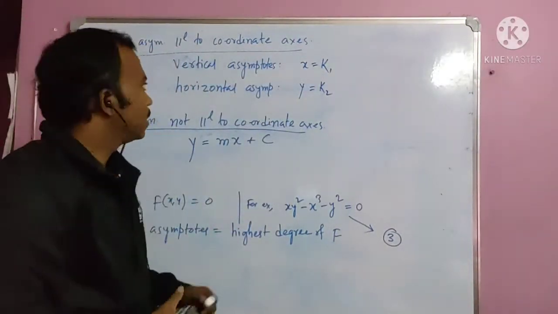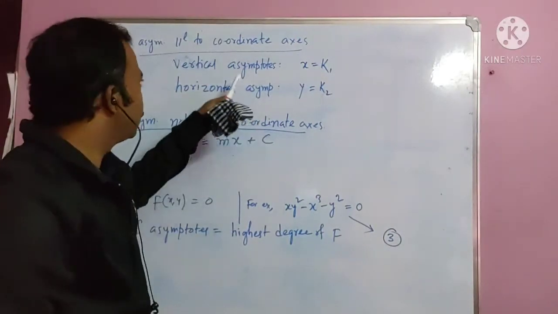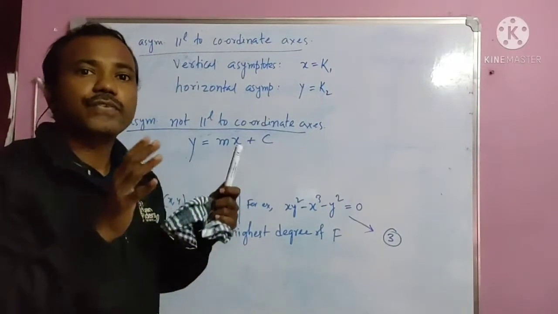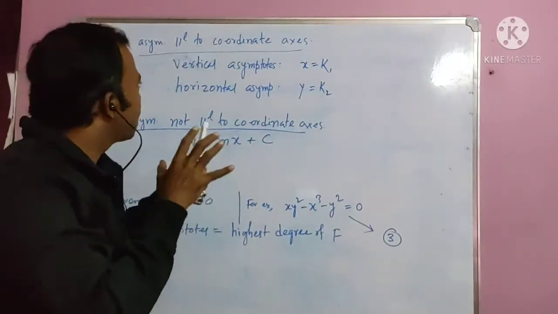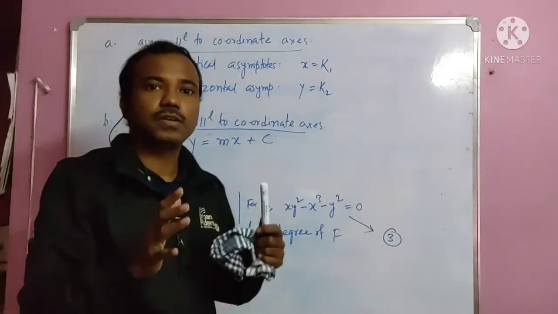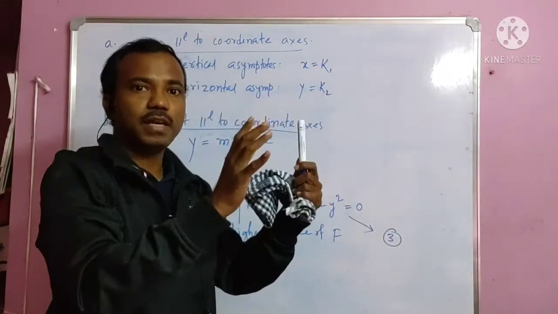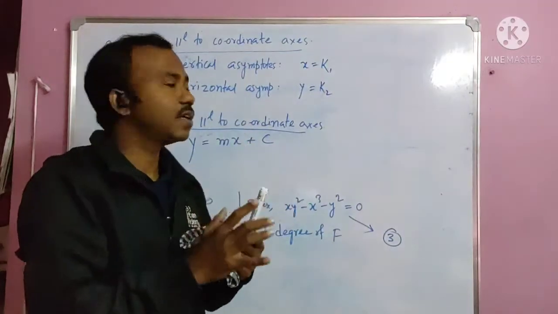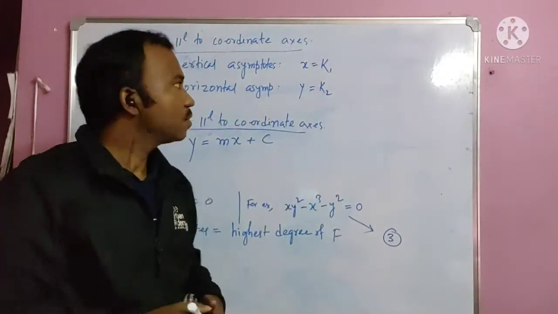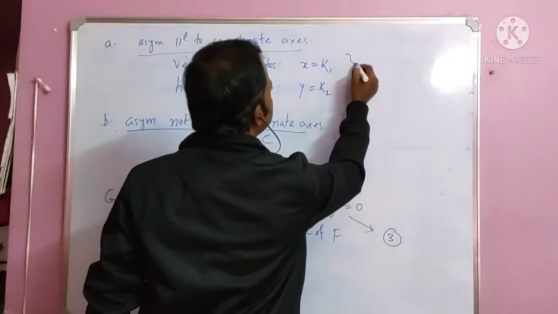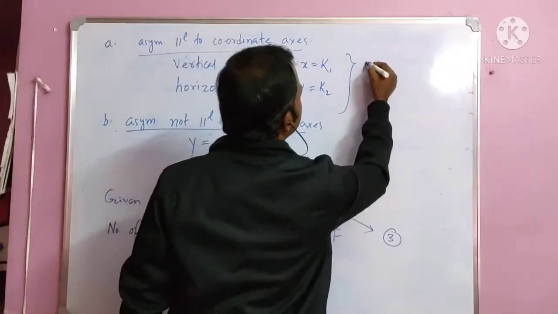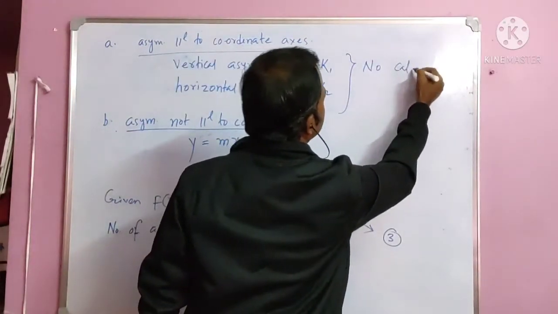Let me tell you, these asymptotes which are either vertical or horizontal are very easy to get from the given curve. You can just watch the curve and say which one is vertical and which one is horizontal. So this portion is very easy. Let me write down that to get these asymptotes, no calculation is required.